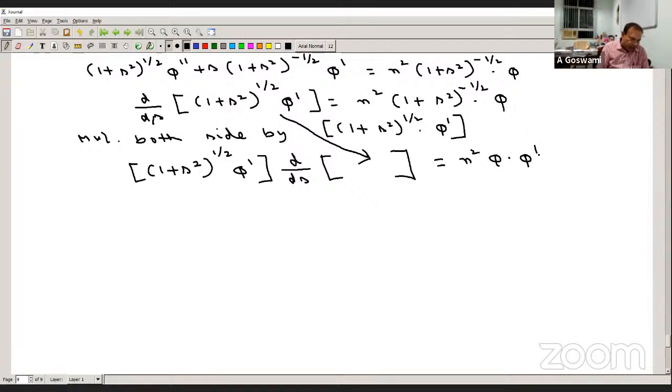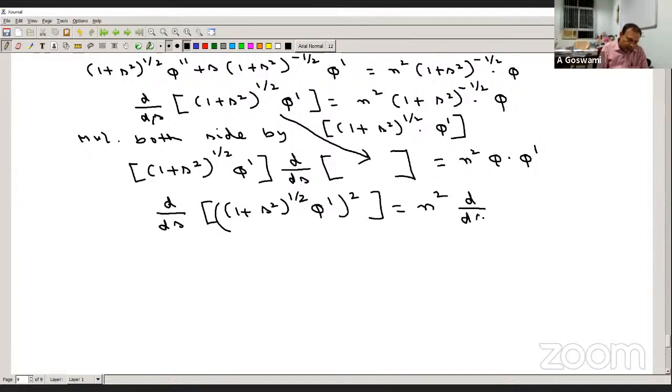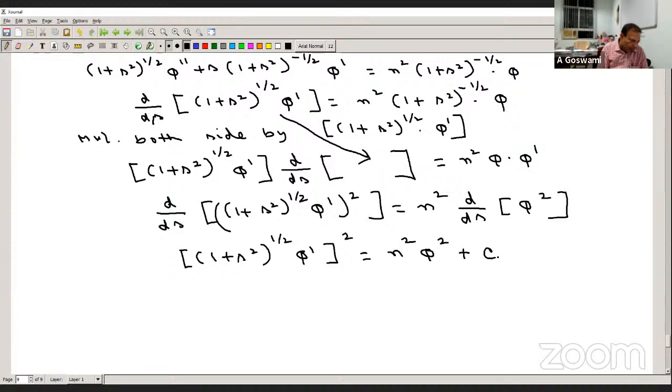So the left hand side will become d/ds of ((1 + s^2)^(1/2) φ') whole square equals n^2 into d/ds of φ^2, which implies effectively nothing but ((1 + s^2)^(1/2) φ')^2 equals n^2 φ^2 + c.